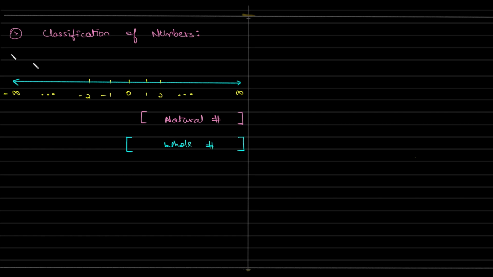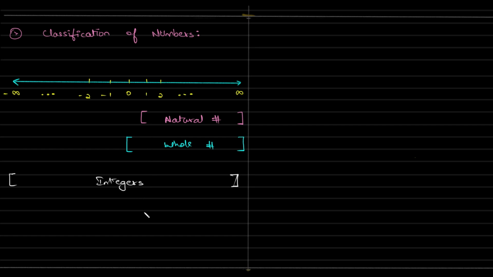If I start with minus infinity, again only the jumpy numbers, minus infinity, -2, -1, 0, 1, 2, such jumpy numbers, that's your integers. Integers are further classified.